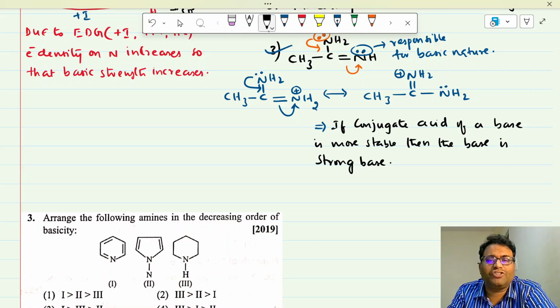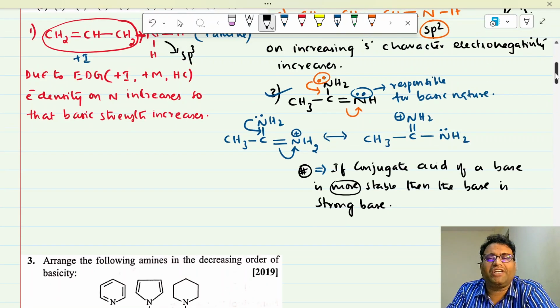Based on this concept, why is it more stable? This is due to resonance stabilization. So that is the reason why the conjugate acid of this base is more stable, and that is the reason why it is a strong base.